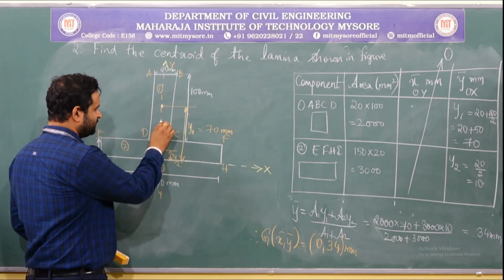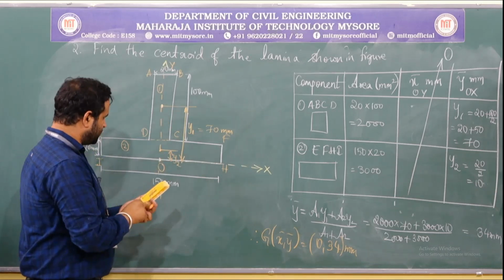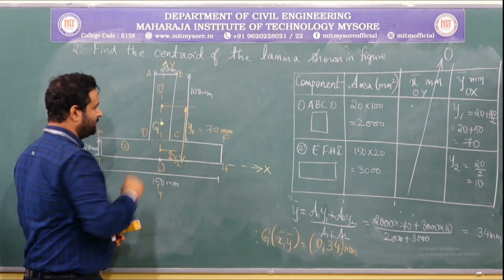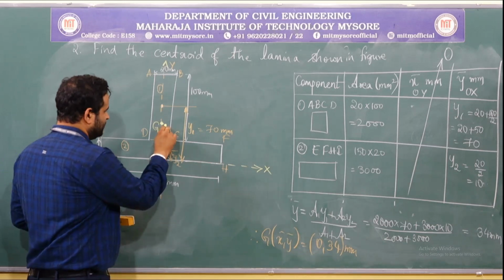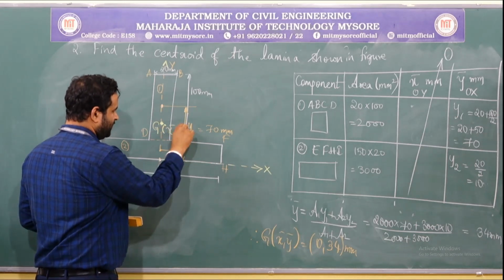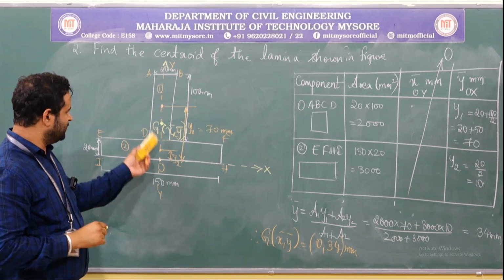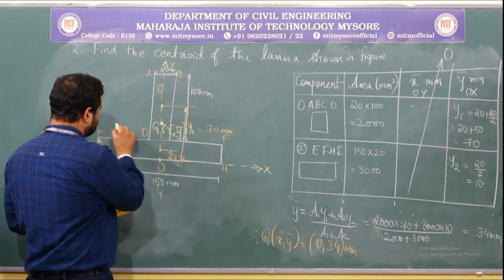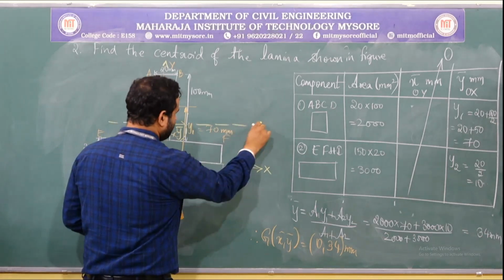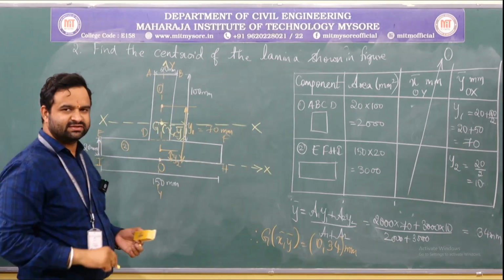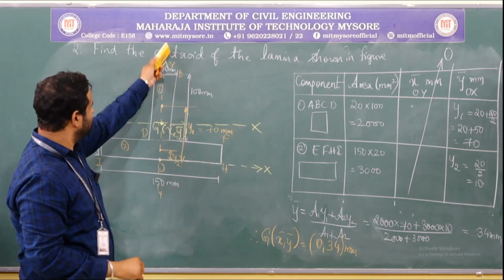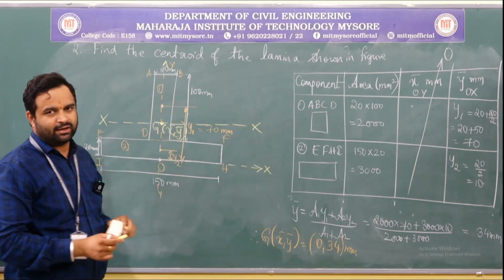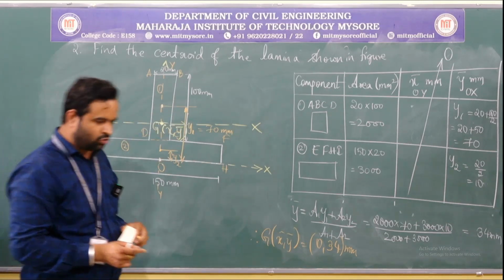So, you have 20 and plus 14, somewhere around here you can locate the centroid of the entire lamina G, that is x bar comma y bar, which is 0 comma 34. Now, you can write this x axis. This is the centroidal axis, x axis and y axis of this particular lamina. I hope you have understood this.